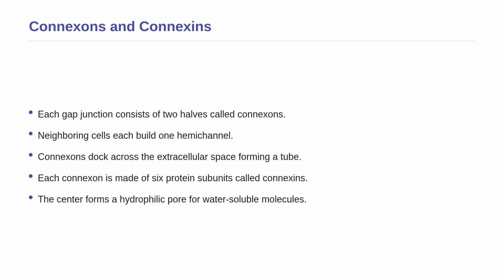These two halves reach out and dock together across the tiny extracellular space to form a continuous sealed tube. If we zoom in even closer, each connexon is built from 6 individual protein subunits called connexins, arranged in a perfect circle. The center of this circle creates a hydrophilic, or water-loving, pore.